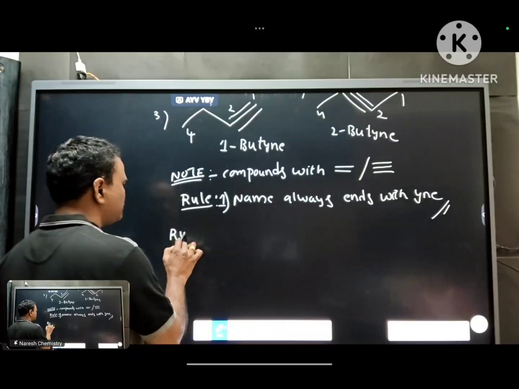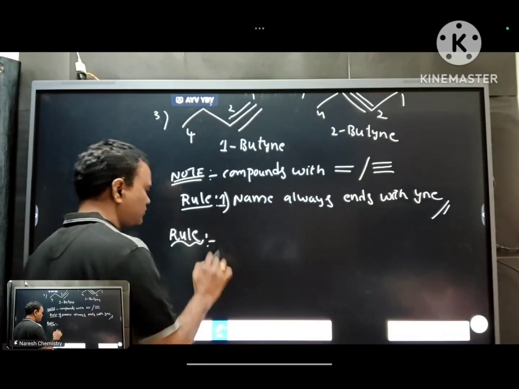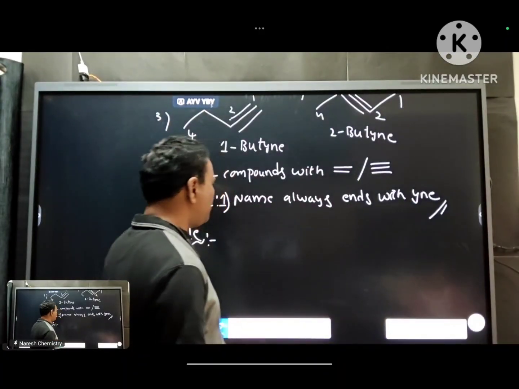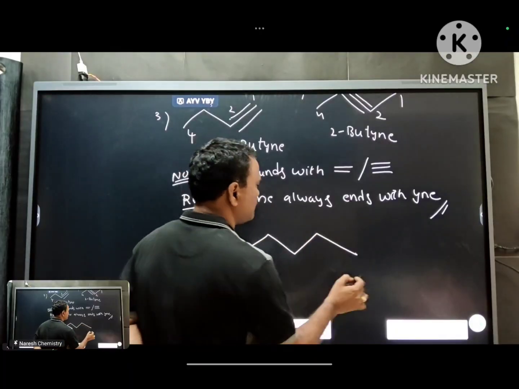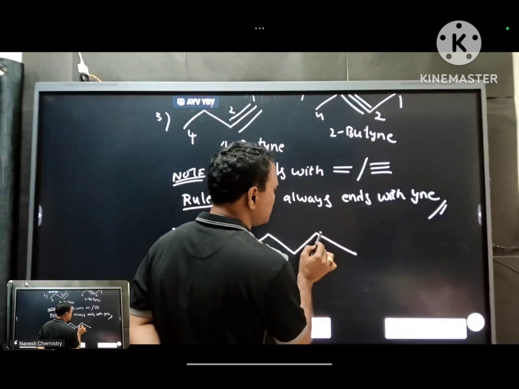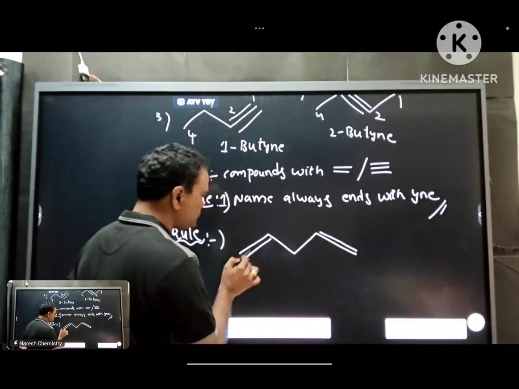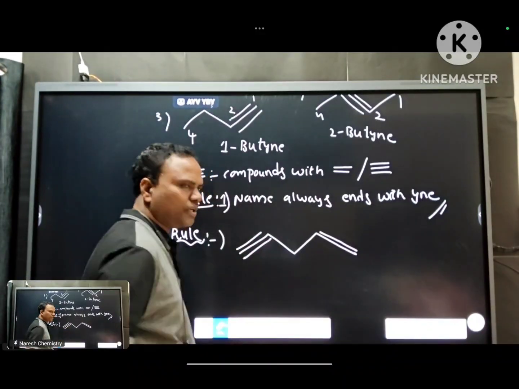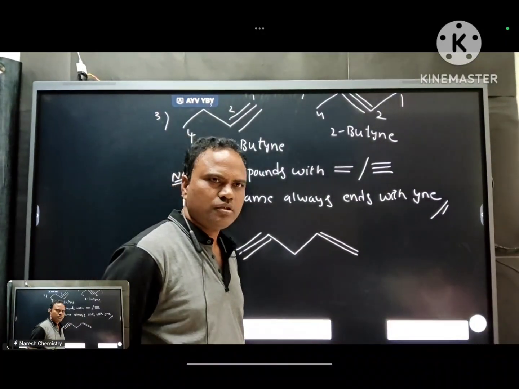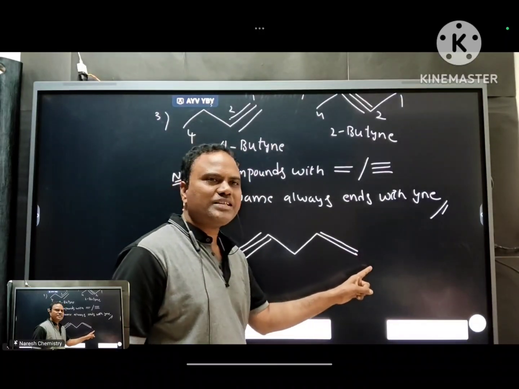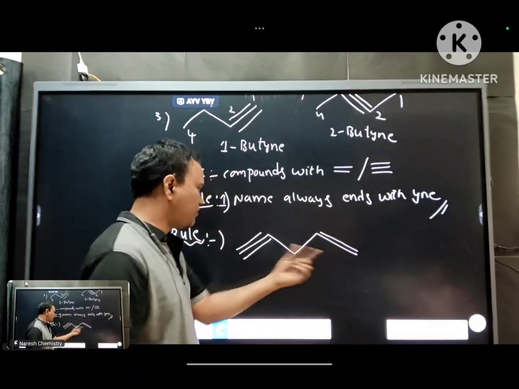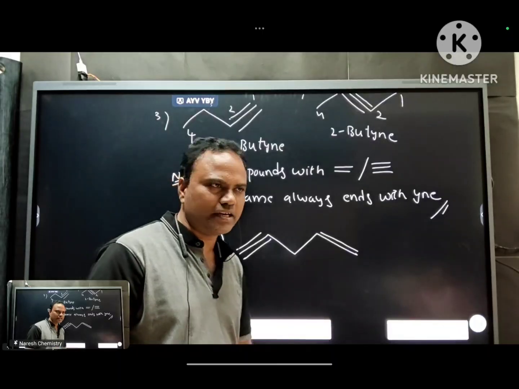Second rule. When both the double bond and triple bond are present at the same position or at the ends, without a substituent. See, the triple bond is present at the end, the double bond also present at the end.